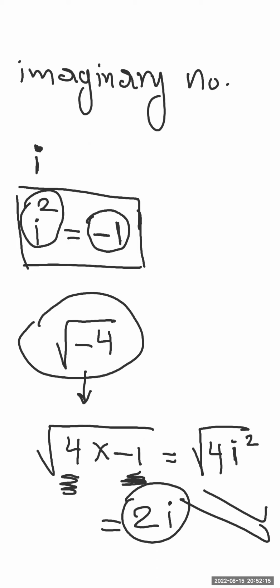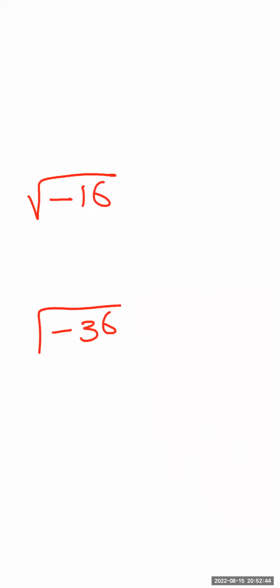Again, the first main point, the imaginary number: it is the number whose square equals -1. So i squared equals -1. So now simply, if I want to get the square root of any negative number, like -16, -36, -25, all this.